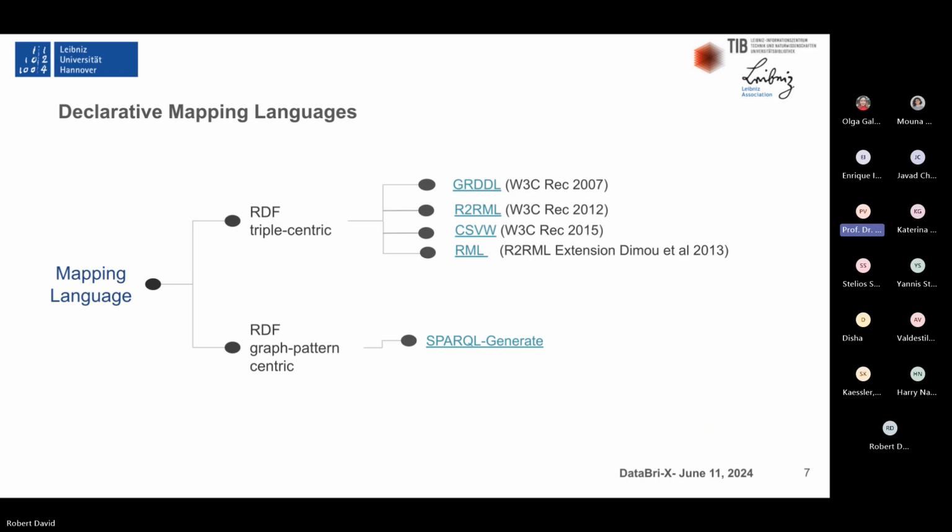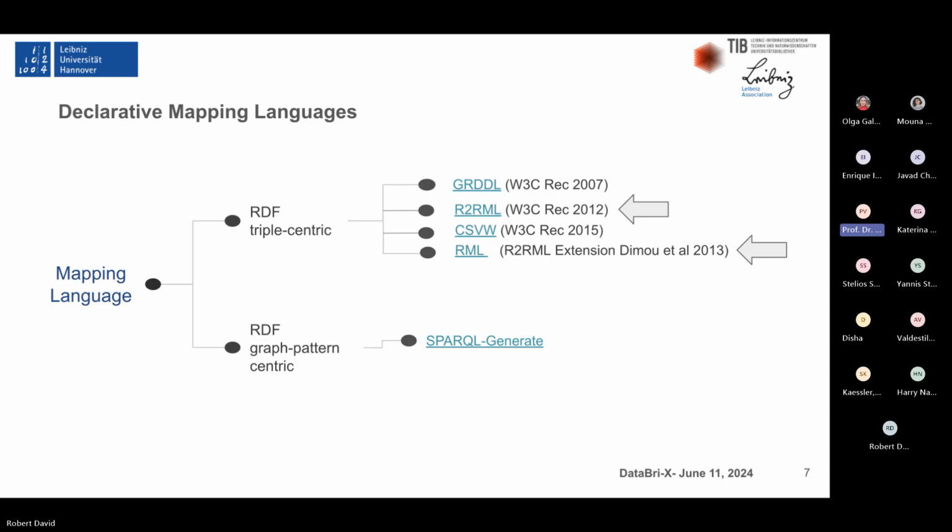In particular, our focus is on R2RML or also RML, even though the techniques that we have developed could work for other approaches. But what I'm presenting today focuses on what we call RDF triple-centric mapping languages, and in particular R2RML or RML.